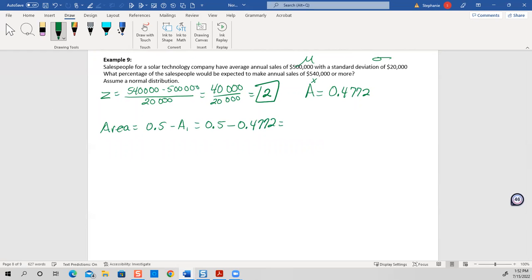When I subtract these two, I get 0.0228. So that tells me my second area. Now we're going to multiply by 100 to find the percentage, because that's what it asks for. So I'm going to multiply by 100%, which gives me 2.28%. And now I'm going to write my sentence.